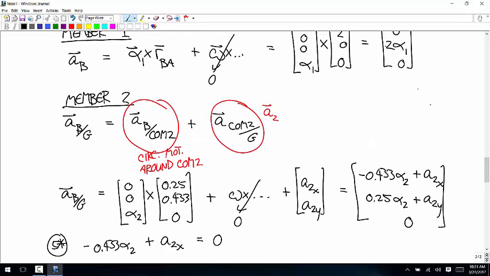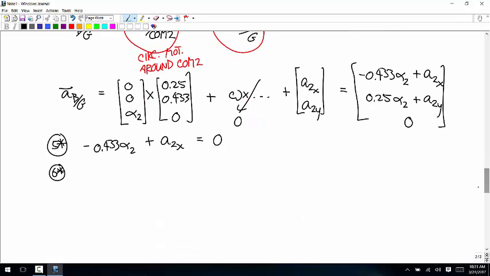So if you set them equal, that's this minus this is equal to 0. So 2 alpha 1 minus 0.25 alpha 2 plus A2y is equal to 0. Yes, indeed it should.